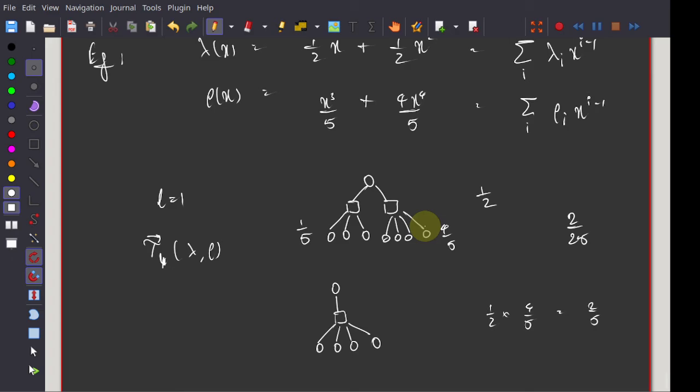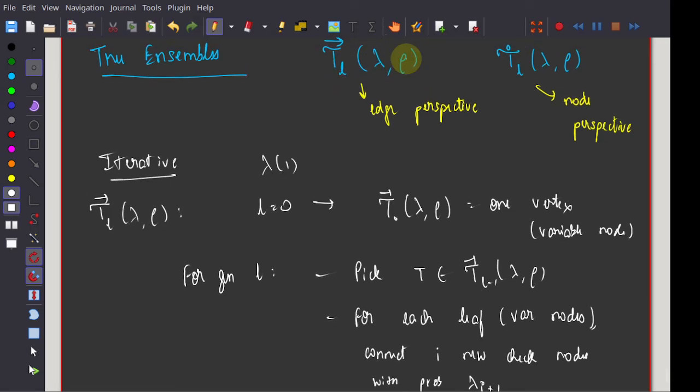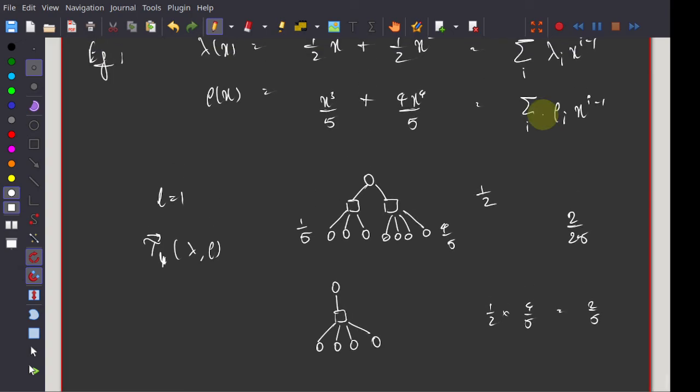Okay, so that is the ensemble of trees T_L of lambda, rho from the edge perspective. We need another ensemble of trees, which is basically from a node perspective. It's a random construct. So with probability 2 by 5, you will end up with this.